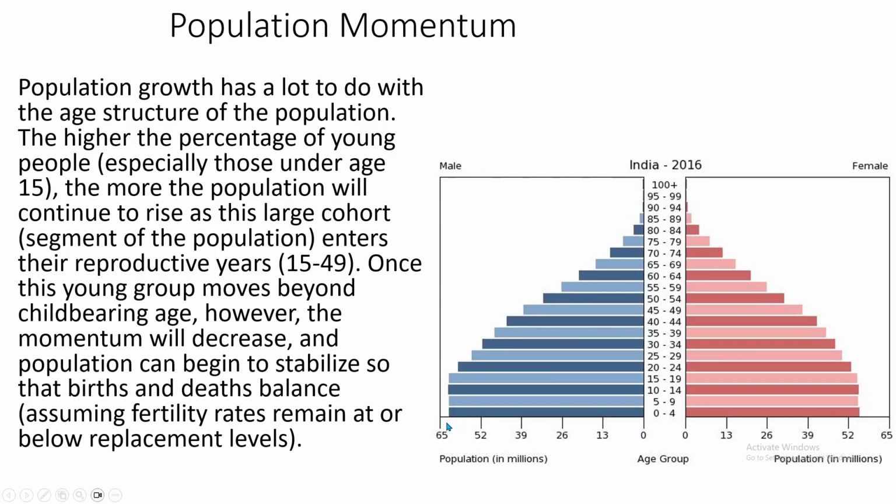But let's say, for instance, India's fertility rate drops. Let's say it drops to 1.3, well below replacement rate. Does that mean that India's population is going to decline? No. And the reason is all to do with the age structure of the pyramid.